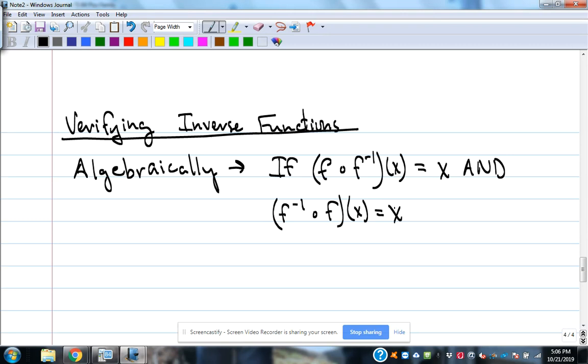Those are two different statements, but they both got to be true. Then f and f inverse are inverse functions.